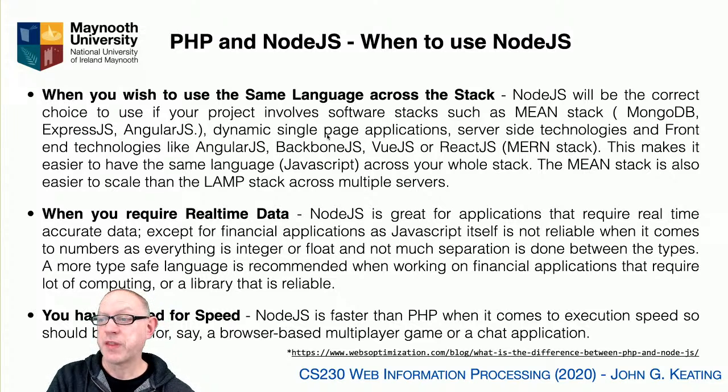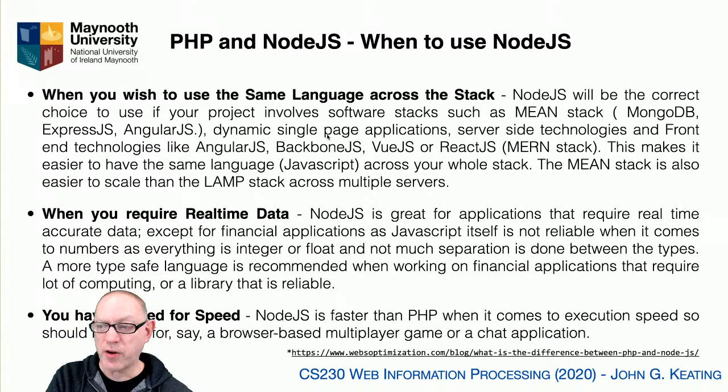If you want dynamic single page applications, or SPAs, you want server-side technologies and front-end technologies like AngularJS, Backbone, Vue, React, you've got to use Node.js. It makes it easier to have the same language across the whole stack, and it's also easier to scale up than LAMP across multiple servers.